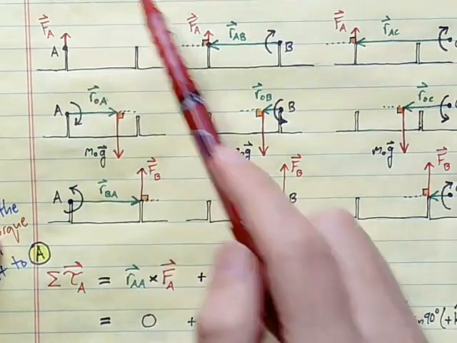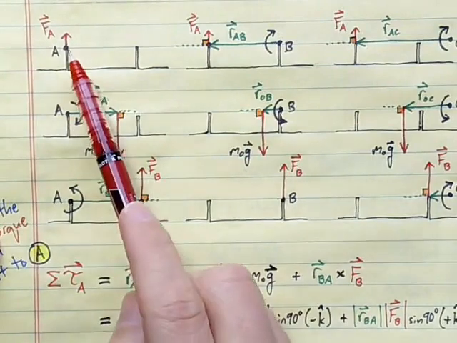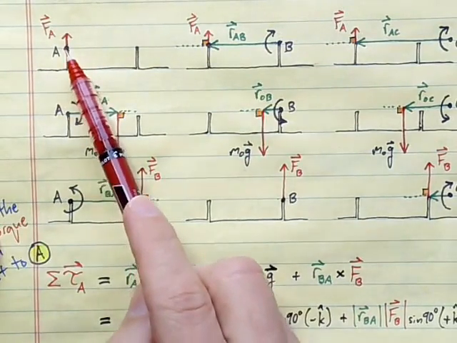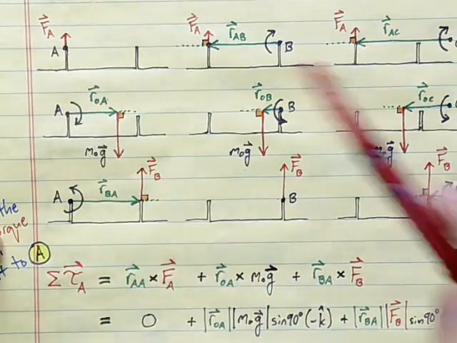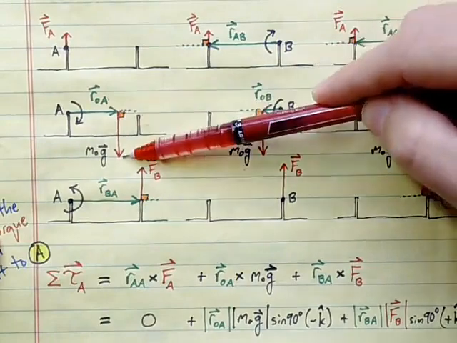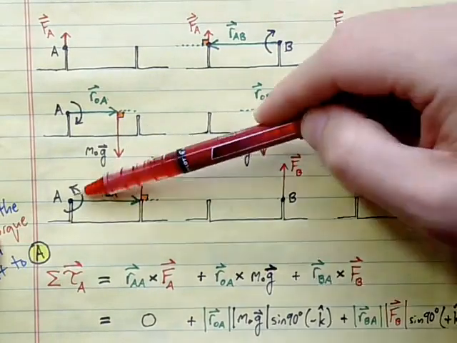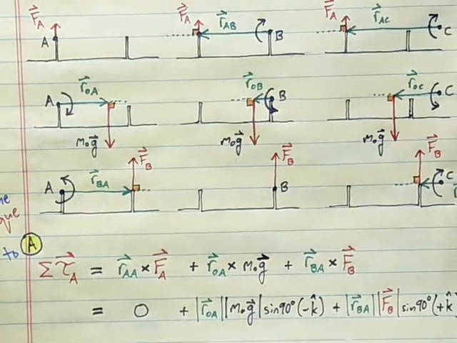So that'll be R cross F for each of these three forces. There is no R here. That force is acting right at A, so no torque about point A from that force. Then R_0A cross M naught G there, and then R_BA cross FB, those two terms.